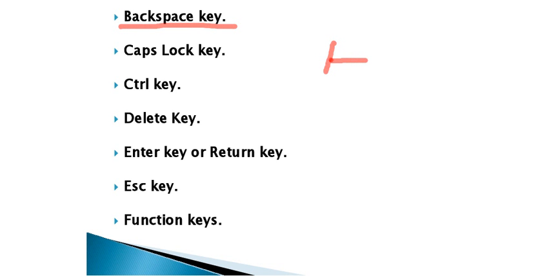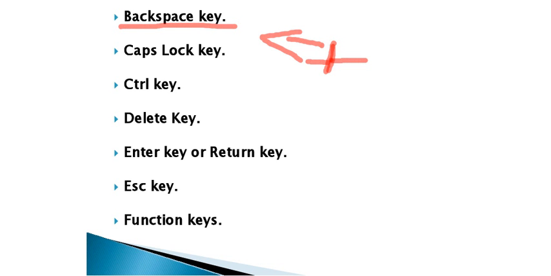But if my cursor is here, when I press backspace key, it deletes the text from my left side. So when I press backspace key, it will delete the text from the left side of the cursor and moves the cursor to that position.